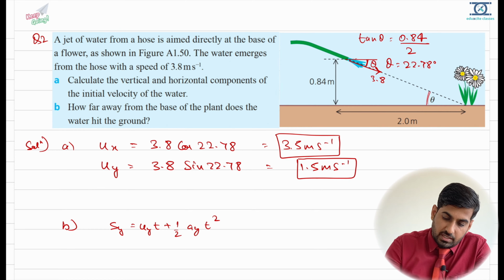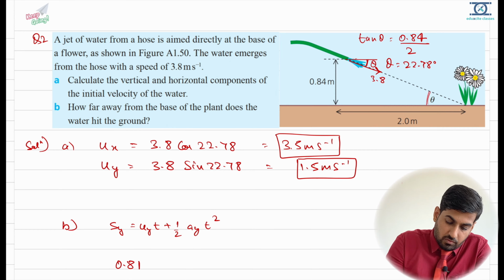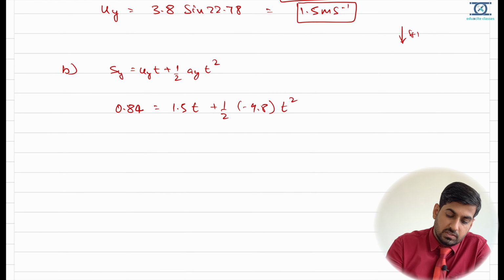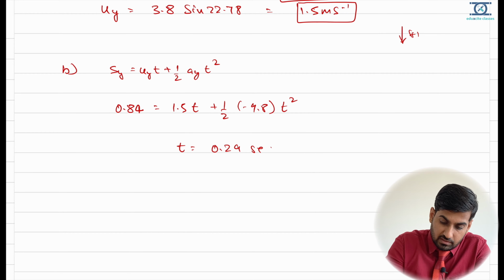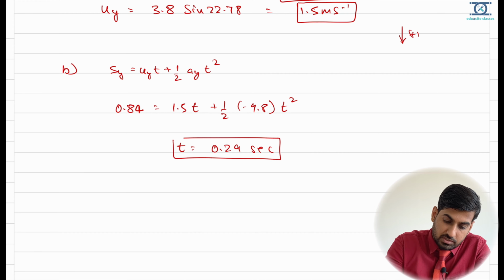Taking downward as positive, because all are in the downward direction: 0.84 equals 1.5 into t plus half of 9.8 times t square. Using this quadratic equation, if you solve for t, you will get the answer as 0.29 second. I have already done the calculation.